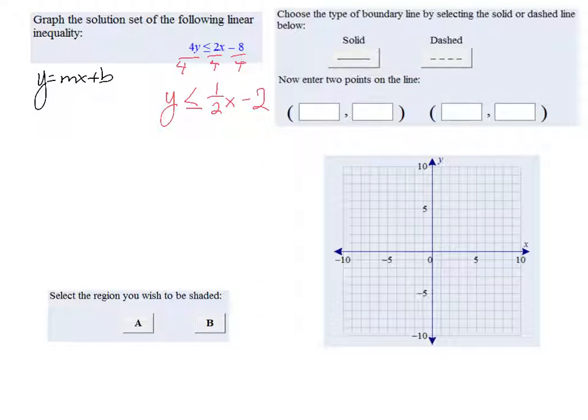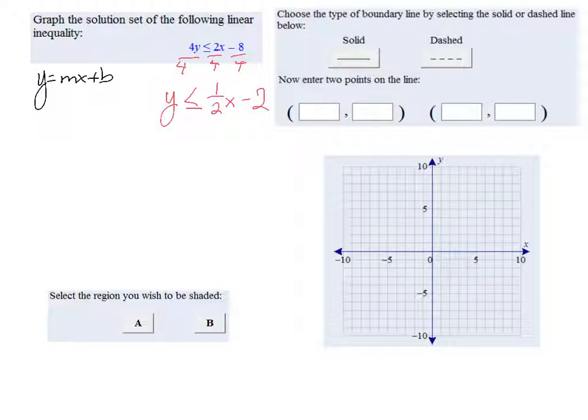Now, what I have created here is a line in slope intercept form that is what we call the boundary line. In the past, what we've been doing with these lines is trying to find the set of ordered pairs, all the points that would make this equation true. It would just end up being a bunch of ordered pairs that lined up into a linear pattern.